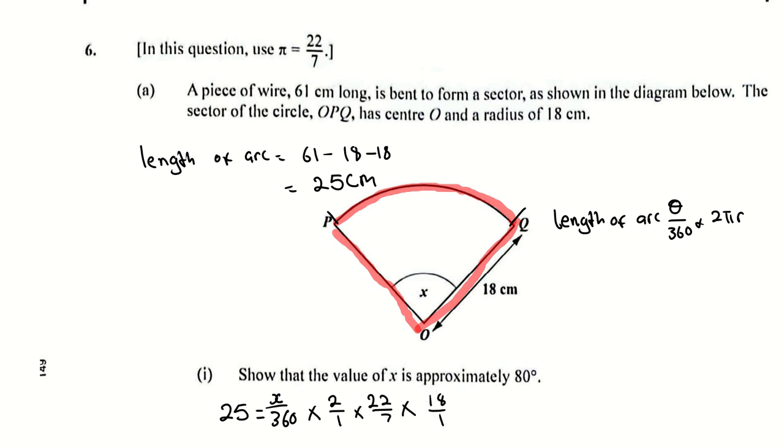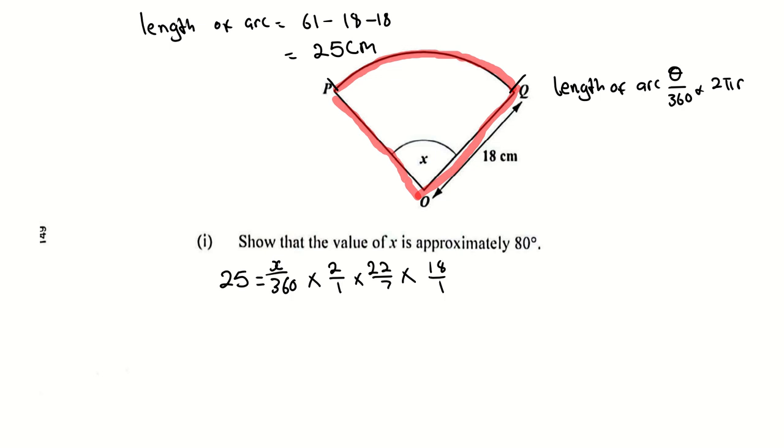Alright, so I have a group of multiplication here, so I am going to multiply what I can and then leave the x by itself. So 25 is equal to x over 360 multiplied by 44, that's 2 by 22 by 18, so that's 792 all over 7. So far so good with everyone?